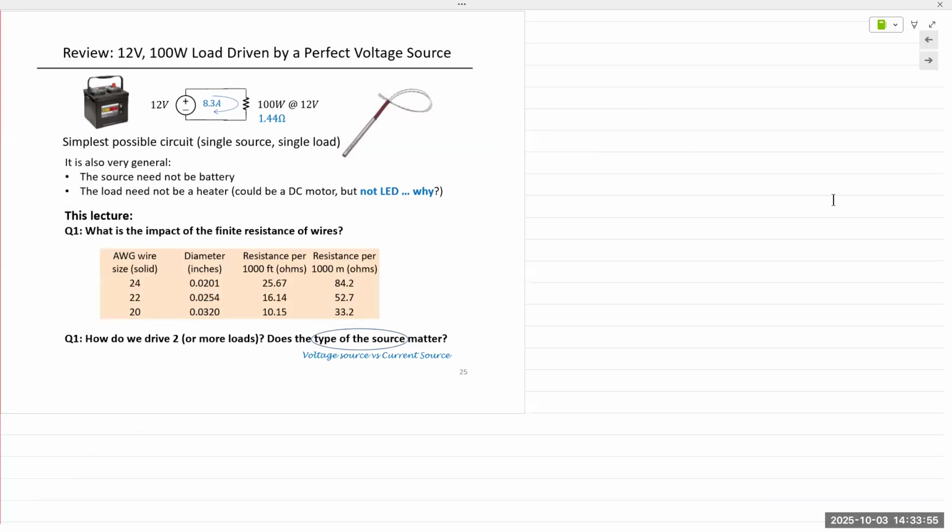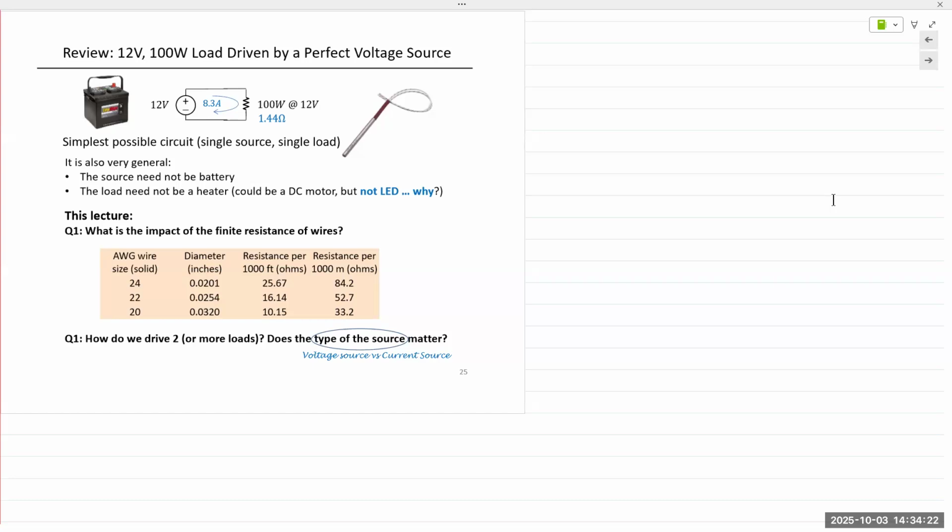The source could be a battery, a benchtop power supply, a laptop charger, a mobile phone charger, anything that supplies energy. It does not necessarily have to be a battery. Anything that consumes energy is a load. A load could be an LED, a fan, an HVAC unit, heating and cooling systems, laptop batteries, mobile phone batteries, heaters, motors, anything.